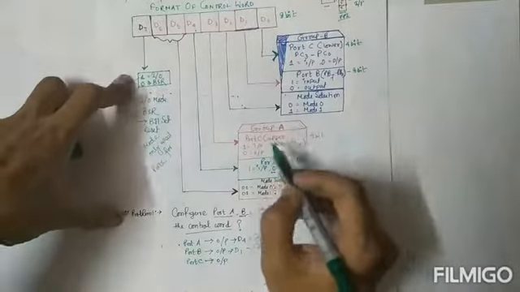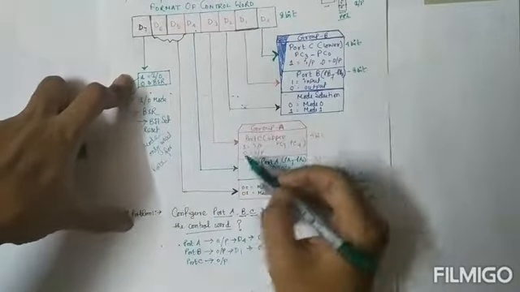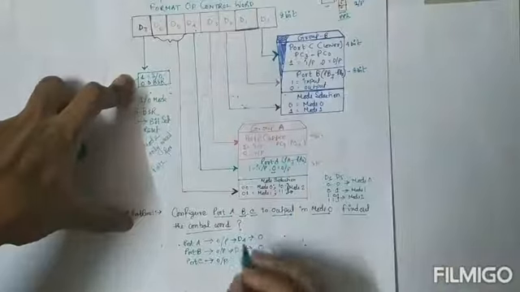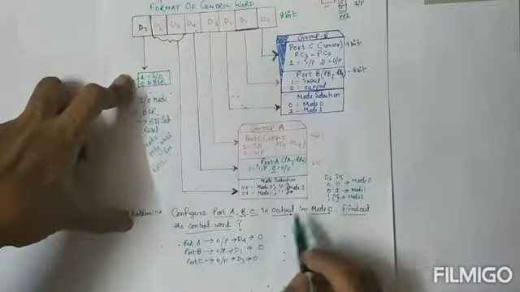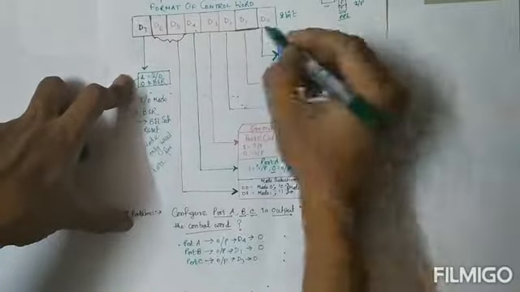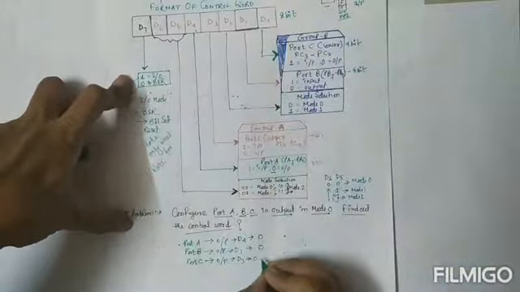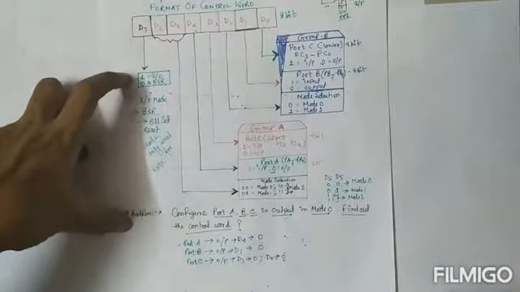Port C upper portion, that is D3, is 0, output. Then port C lower also 0 means output. Then D0 means 0.